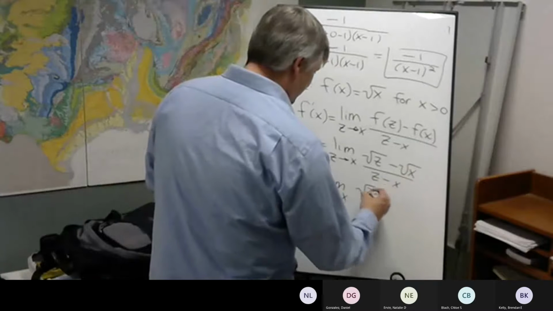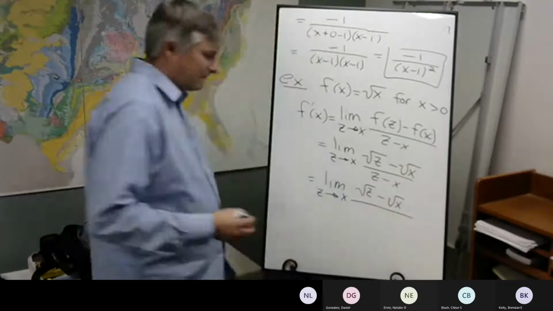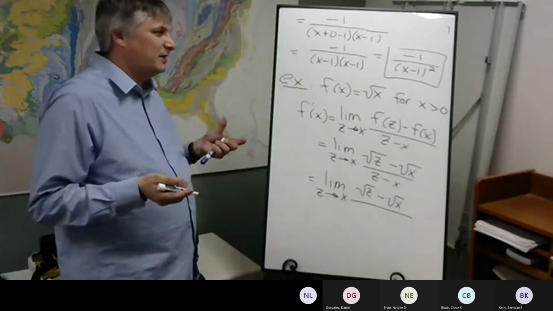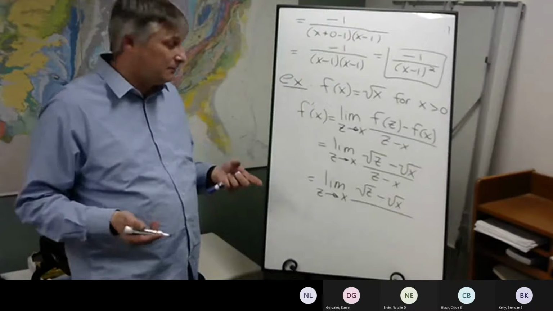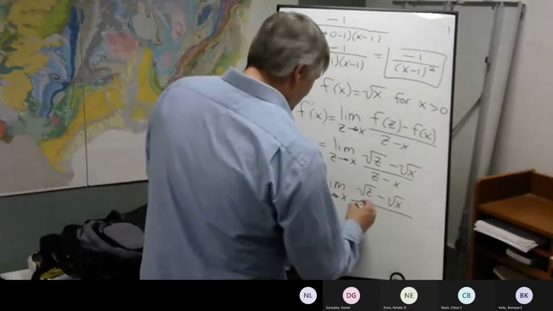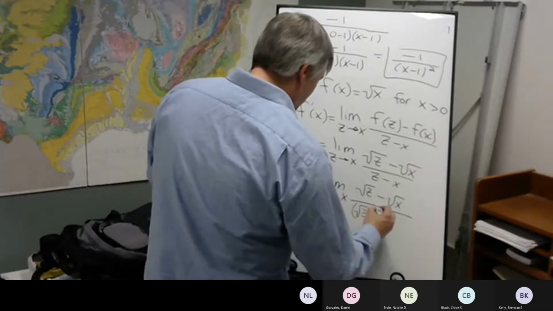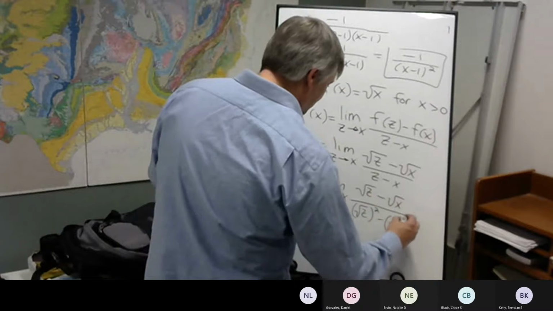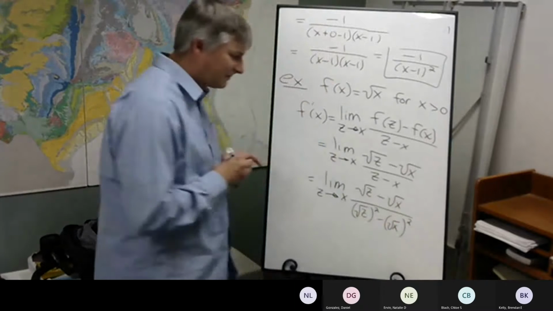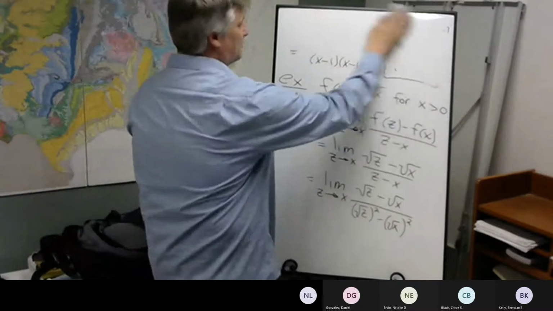As you're going through your first semester of calculus, this is one of these tricks where you think, oh yeah, that'll work, and it'll come back in the future. This is a neat one. But z, you can treat it as the square root of z squared minus the square root of x squared. So this sets us up for that difference of squares.